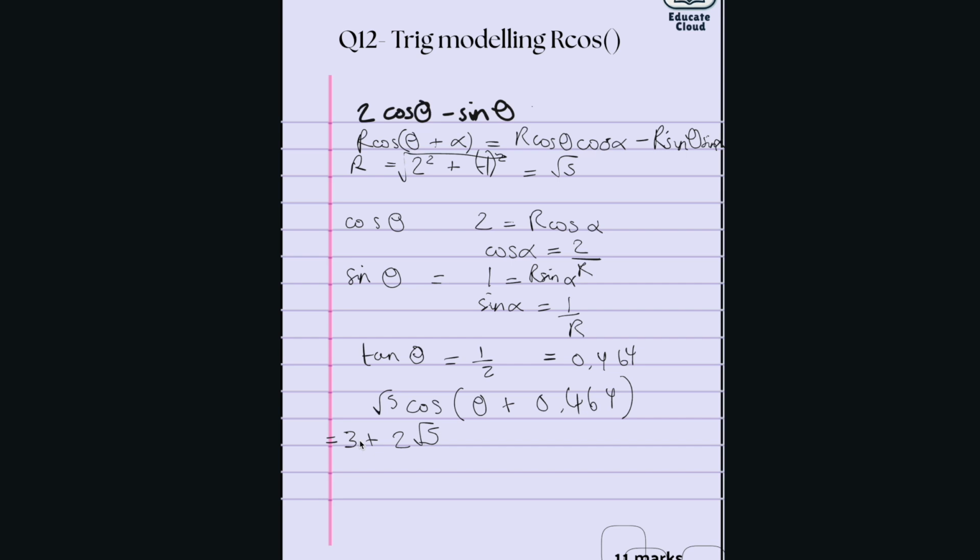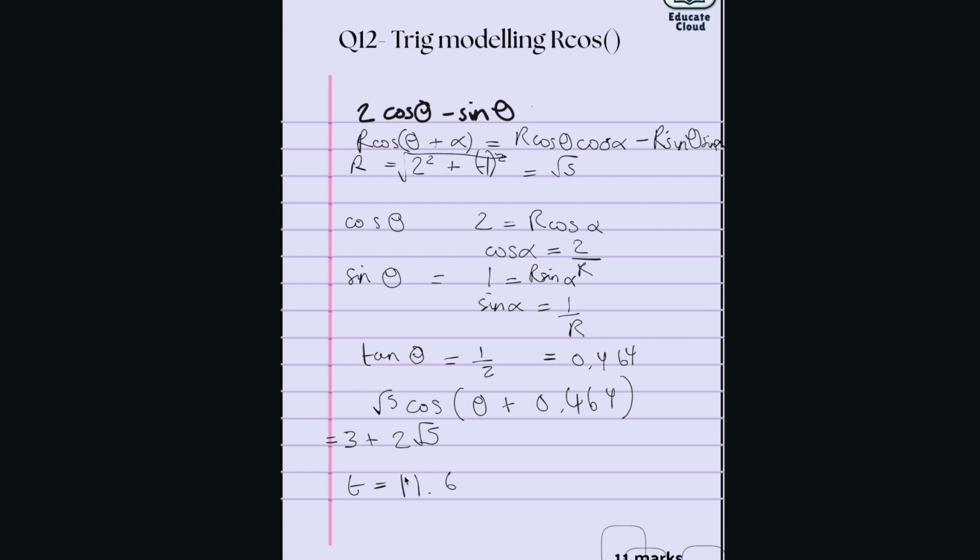So that's our answer for part B, part 1 of part B. And then we can set 0.5t plus 0.464 equal to 0 and 2 pi, where the two maximums occur, and our t would be 11.6. Now I'm just doing this really fast because we don't have much space to write it all down.